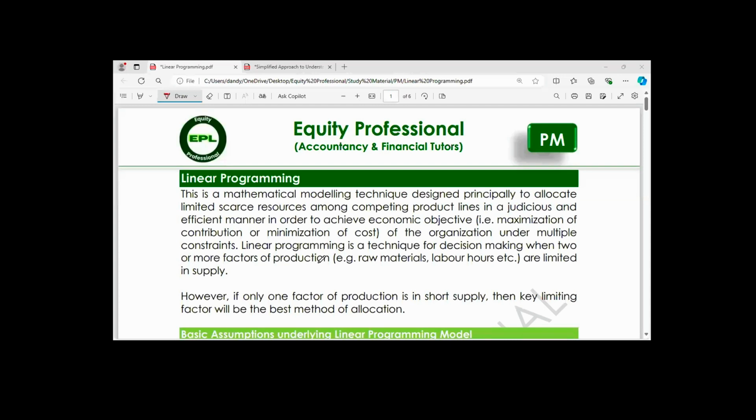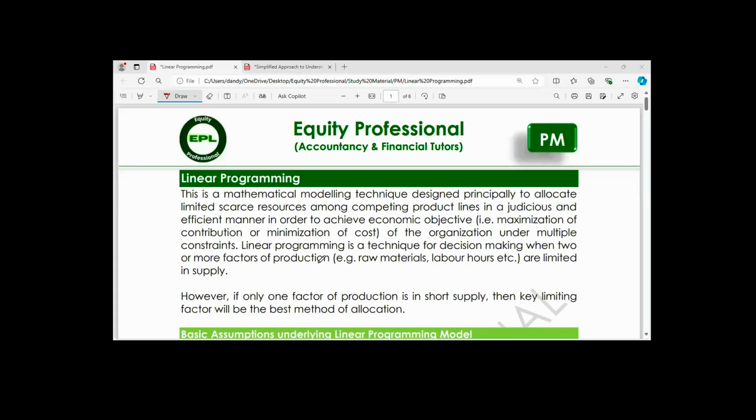And I also mentioned that in practice, organizations can have multiple objectives to be achieved. A company may want to maximize contribution. The same company may also want to minimize cost. Not only that, another objective may be to satisfy customers and ensure customer satisfaction and experience.